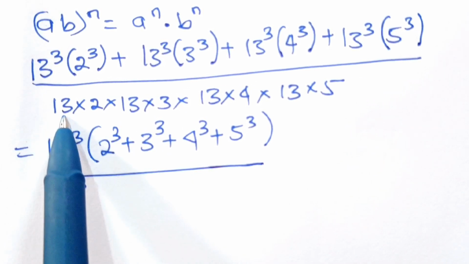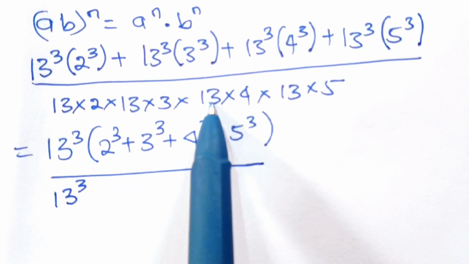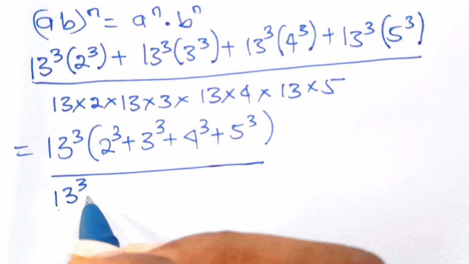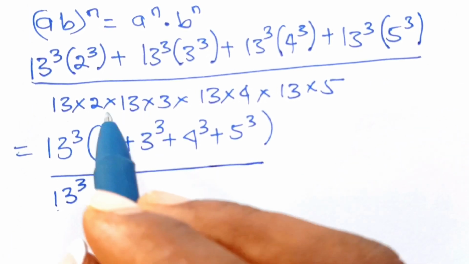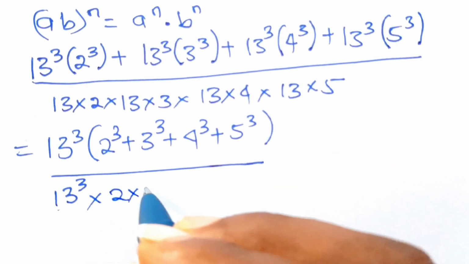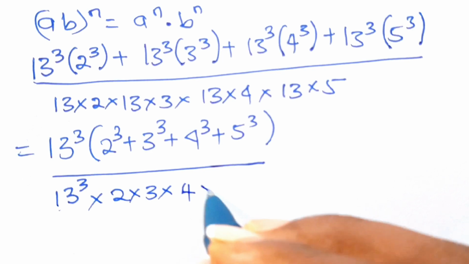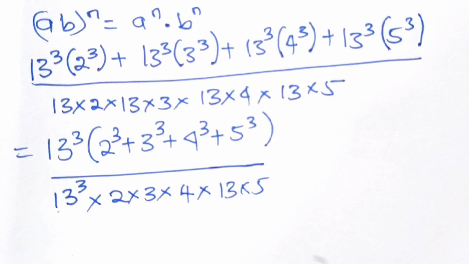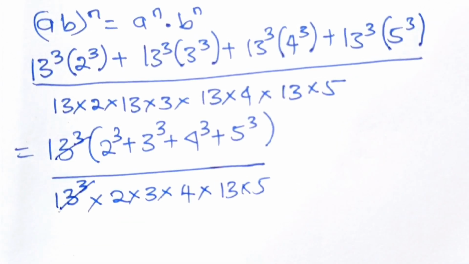Note, we have 13, 13, 13, so let's call this 13 to the power of 3, multiplied by the remaining ones: 2 times 3 times 4 times 5. Now this is going to cancel this.